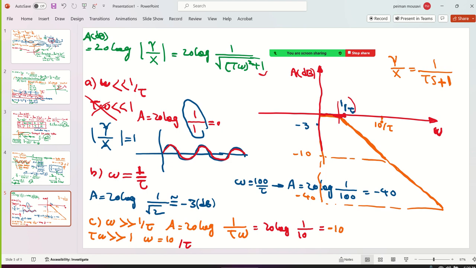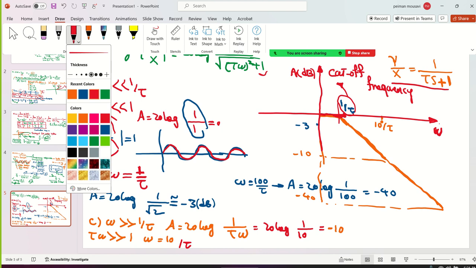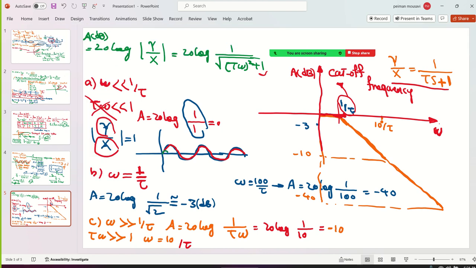This frequency has a name: it's the cutoff frequency. But for first order systems, if you increase the excitation frequency, the output is going to be lower than the input. Look at here, guys. If I increase the frequency, it's going to be this. This is for high frequency.